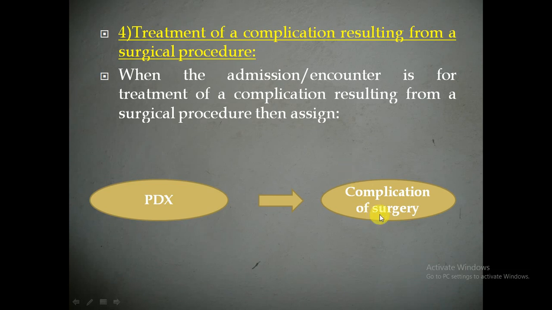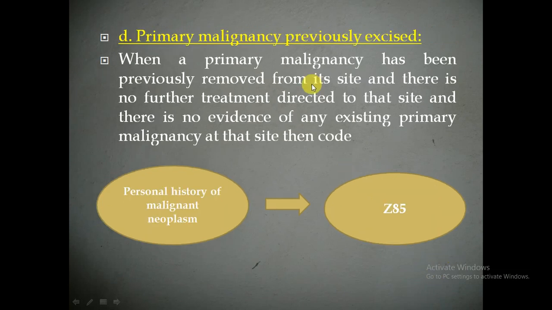So whenever we have seen the primary and secondary neoplasms, right? So whenever the primary malignancy is removed, for the neoplasm patients the doctors will perform the surgeries and they will remove the neoplasm.